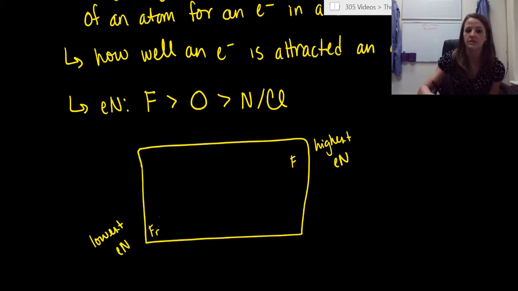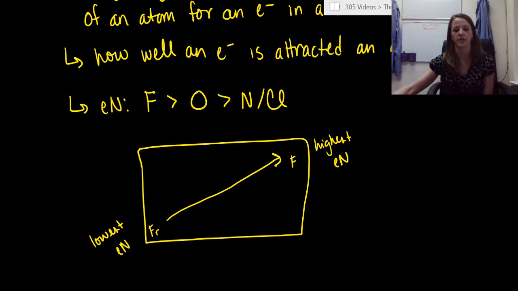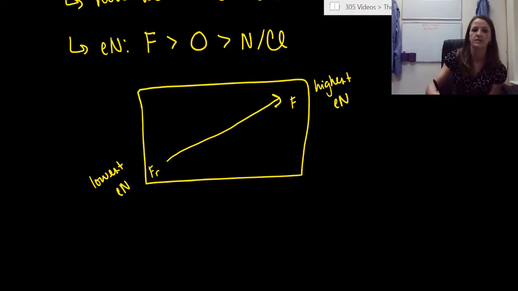And so what we see is this beautiful trend where it increases as you go up a group or as you go across the table, or across a period, but usually what people say is it just increases in this direction. So as you go from the bottom left corner to the upper right hand corner, you are increasing in terms of electronegativity. So let's see if you can practice one of these.